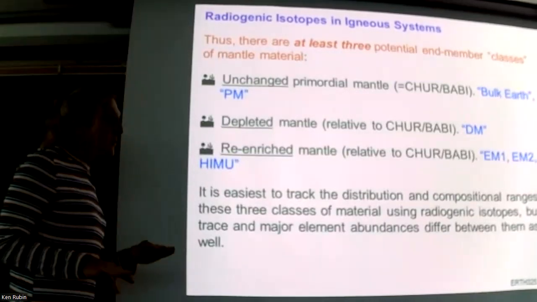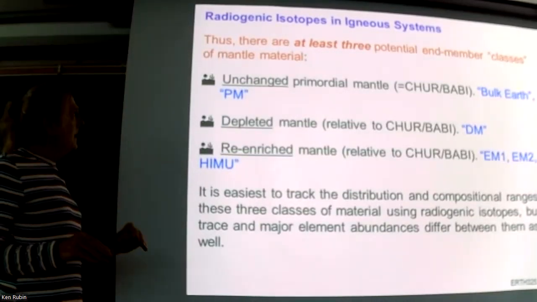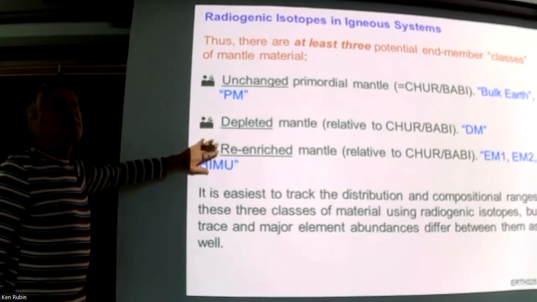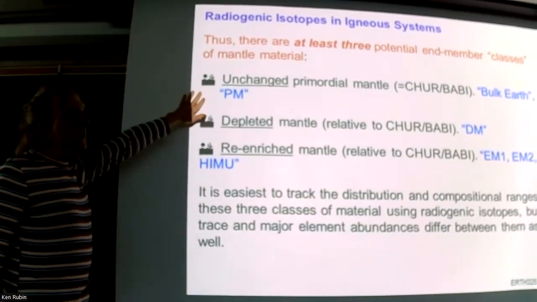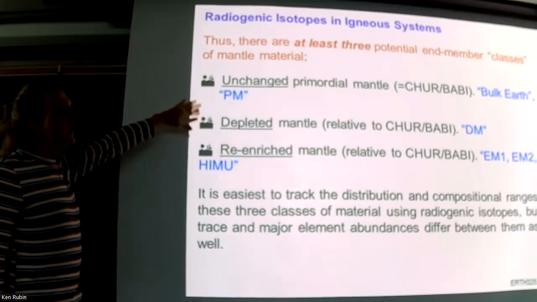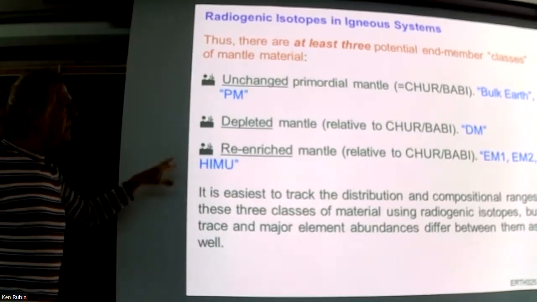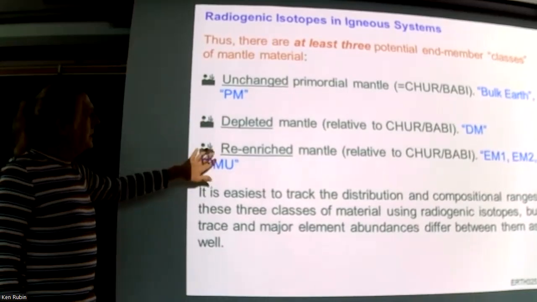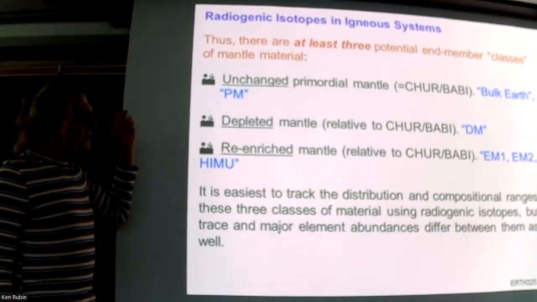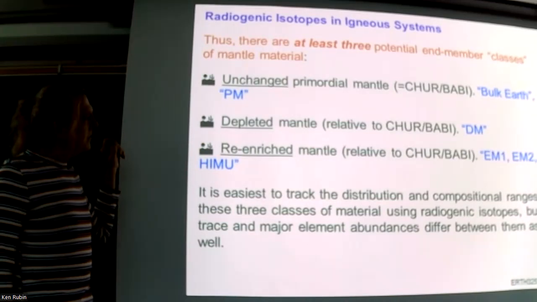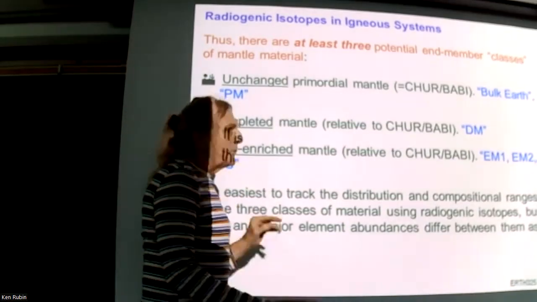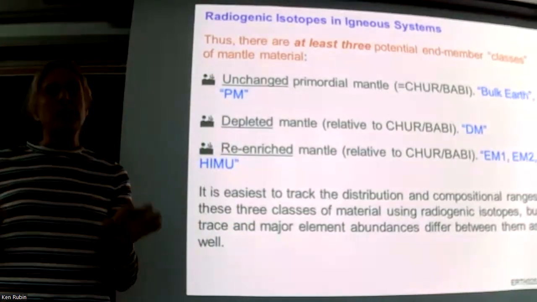And so the simplest way to think about the mantle is 3 families of material. Primordial material, sometimes called BSE or PM standing for primitive mantle, depleted mantle, and enriched. Okay, and as I mentioned and showing you on that one diagram from White before, there are 3 main categories. Some people debate this.